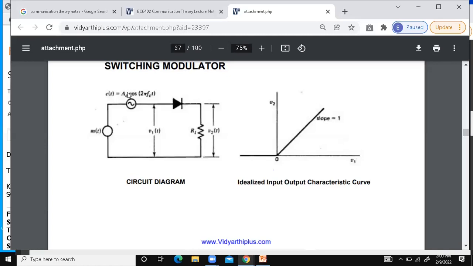Agree? Yes, sir. So when it becomes negative now, it causes this diode to be reverse biased. So it's like an open circuit. So no current is flowing through here, so you don't have a voltage drop here.